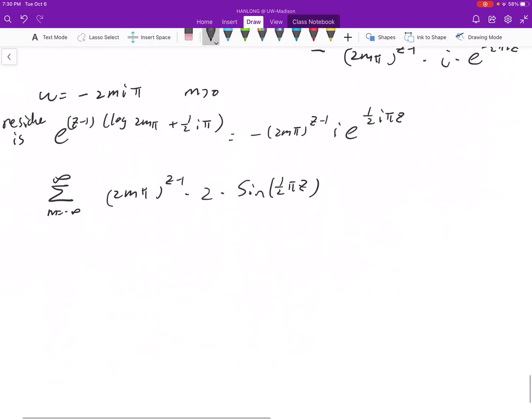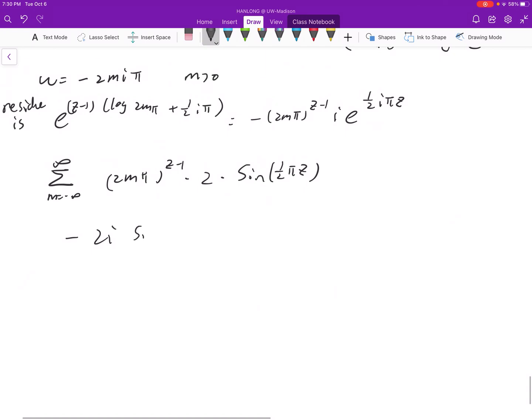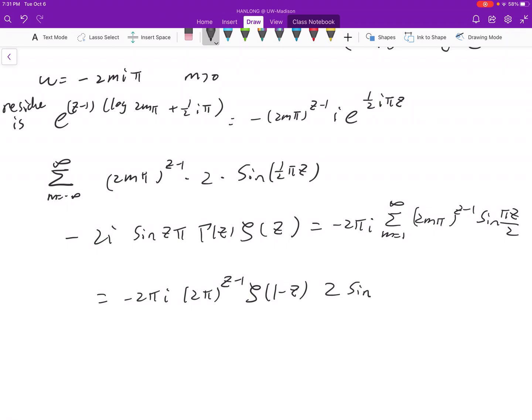Okay, therefore, let's multiply this to the other side: −2i sin(zπ) times Γ(z) ζ(z) equals −2πi times the summation over m from 1 to infinity of (2mπ)^(z−1) sin(πz/2), and this equals −2πi (2π)^(z−1) ζ(1−z) times 2 sin(πz/2).